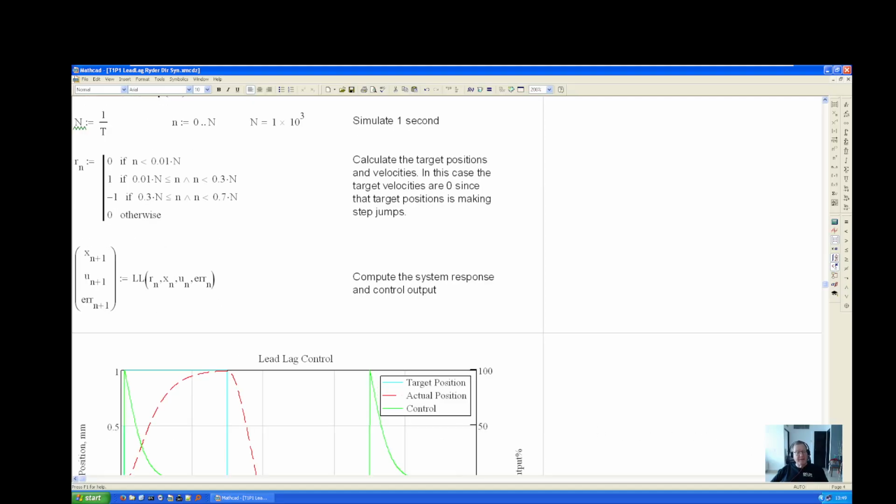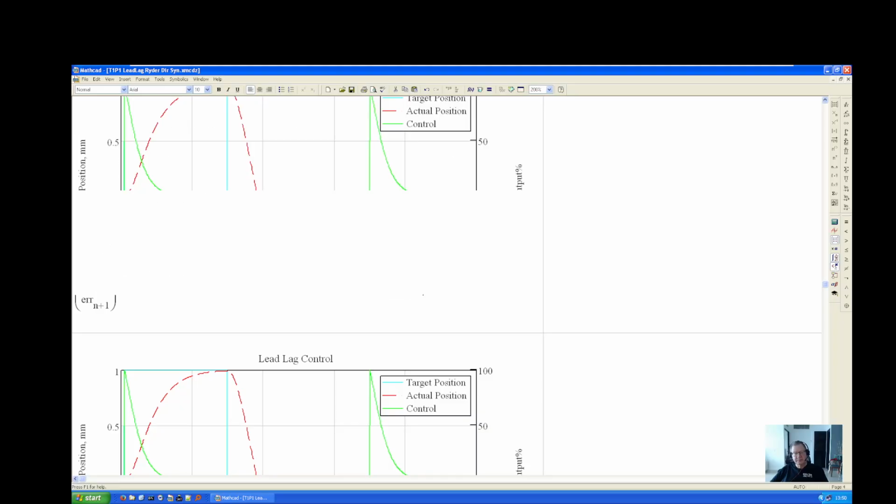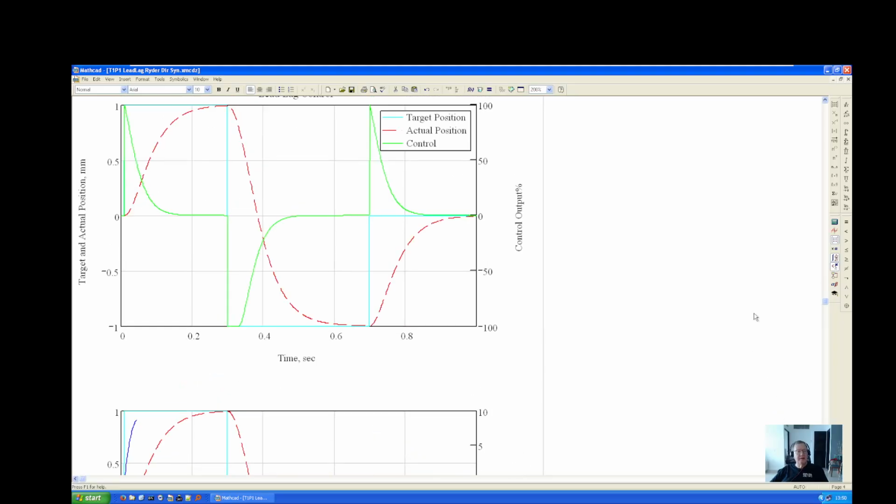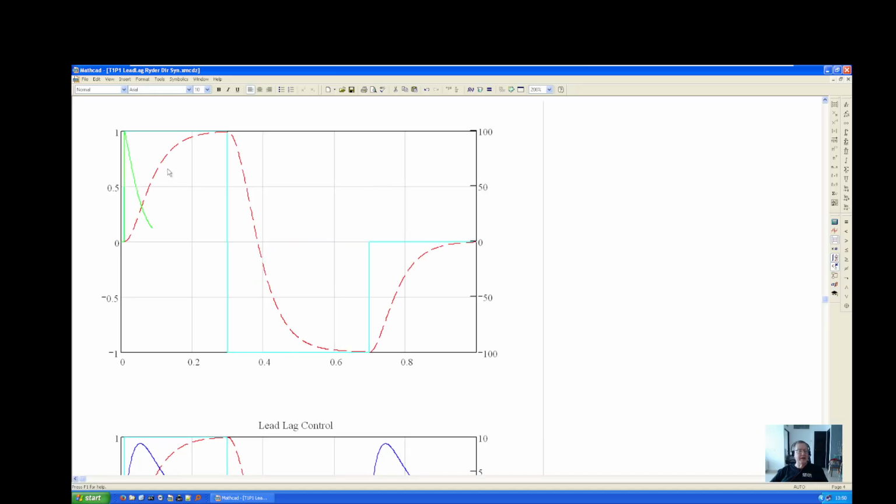So now that I have that, I'm making a step to 1 millimeter and a step to minus 1 millimeter, and then I go back to 0, and this is executing the lead lag filter n times, which in this case, because I'm doing this every millisecond, is 1 second. And this is my response, and you can see that it takes longer than 0.2 seconds.